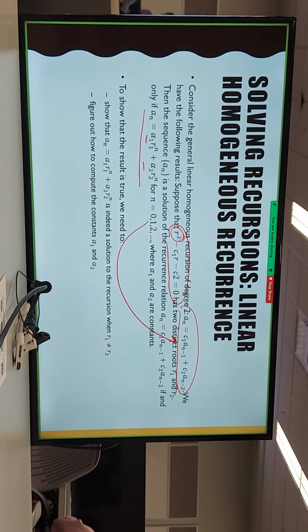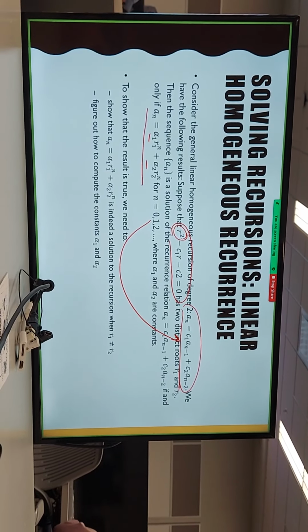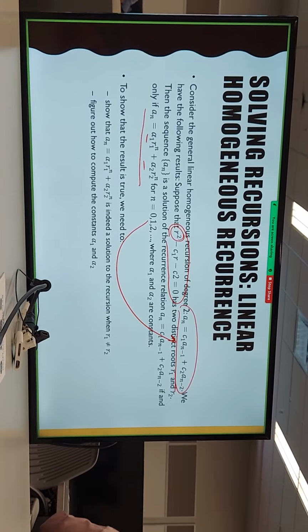To complete the computation, we also have to find the values for alpha_1 and alpha_2.